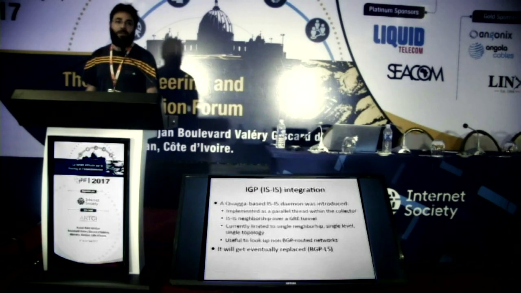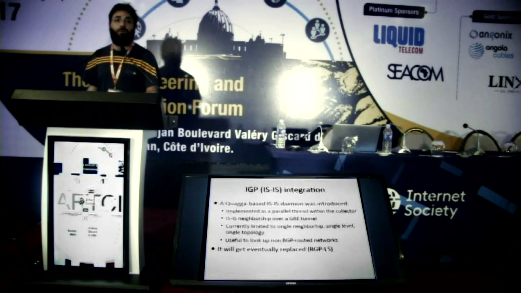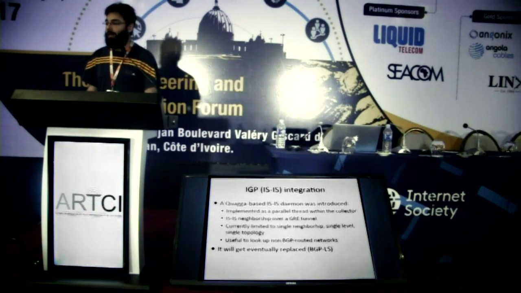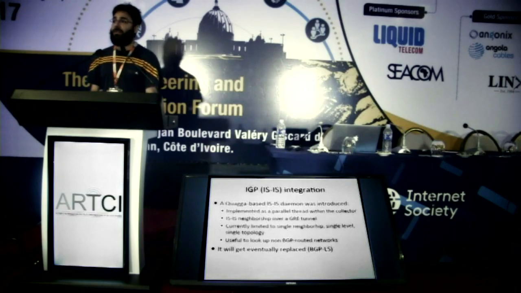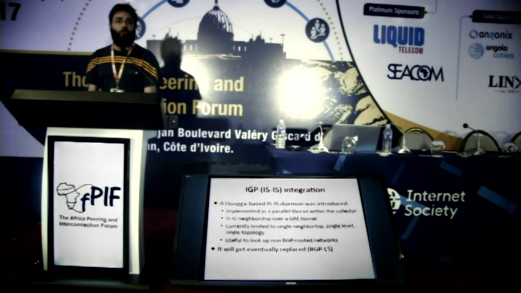It is actually standardized, compared to this integration here. But the other good thing is that with BGP you have the nice separation. So with BGP you can enforce policies, for example. In the IGP it's much trickier to do that.